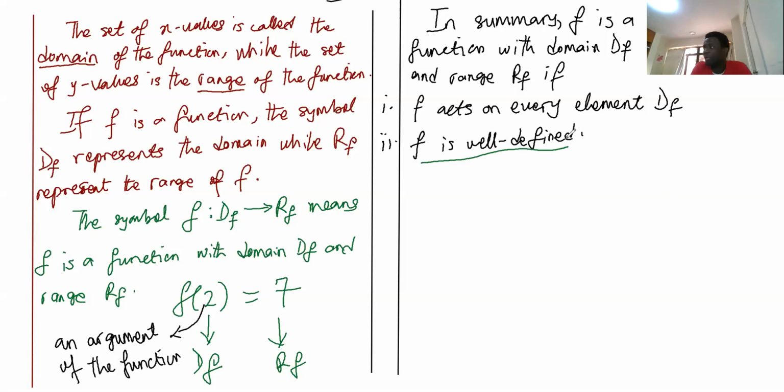So if you want to check if a relation is a function, these are the only 2 conditions you need to concern yourself with. First one, check if f can act, that is, can take an argument from every point in the domain. And 2, f is well defined. What does it mean to say a function is well defined?